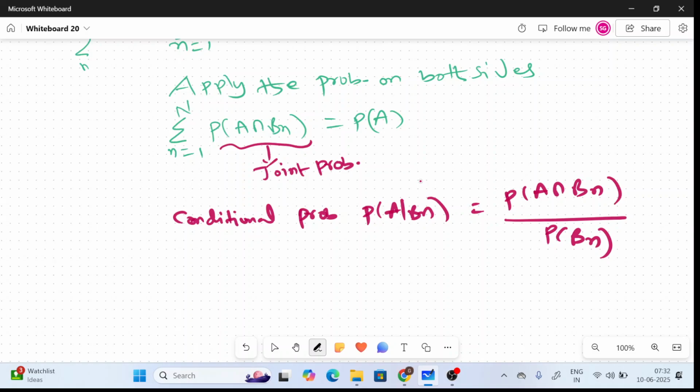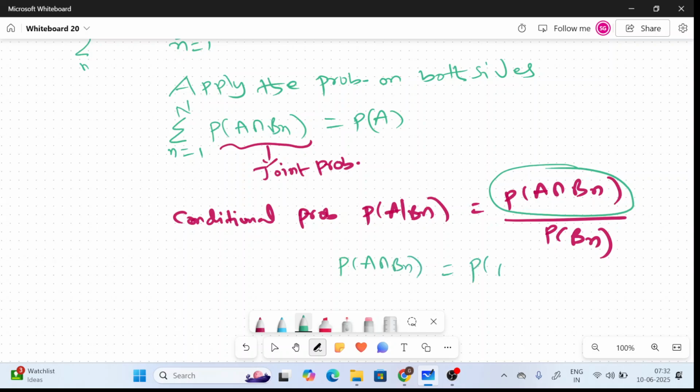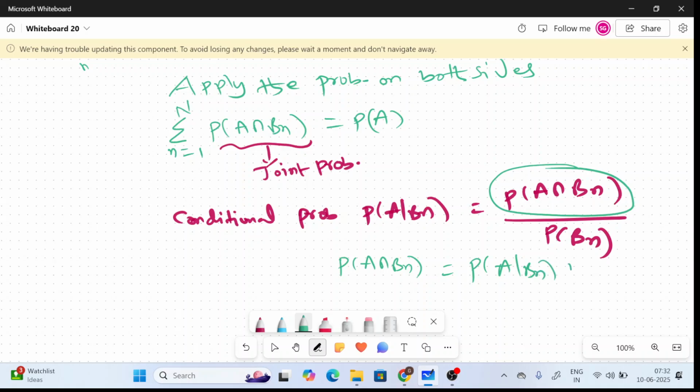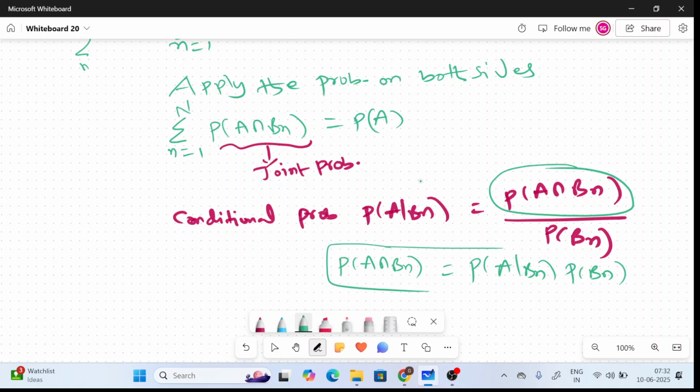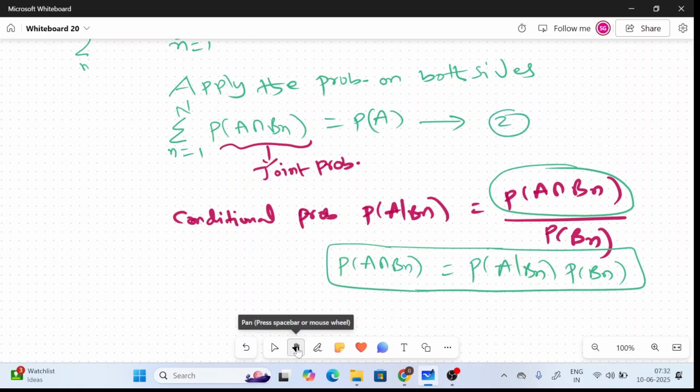Now we have A intersecting Bn with us. P of A intersecting Bn can be replaced by P of A given Bn into P of Bn. Now replace this expression in equation 2.